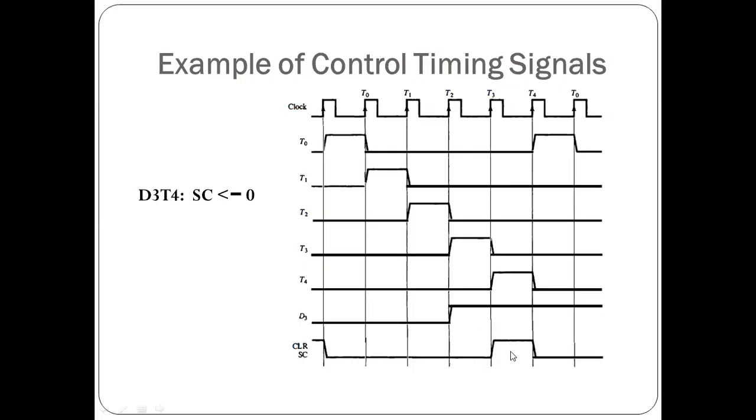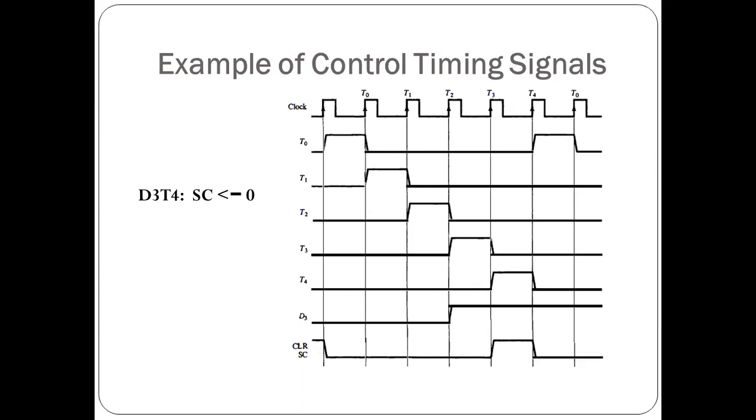With this, the sequence counter is again cleared to 0. So SC is 0, and the next clock pulse is T0, then T1, T2, and so on. Likewise, it can generate up to T15. At any state, you can clear the sequence counter so that it reinitializes from T0, T1, T2, T3.